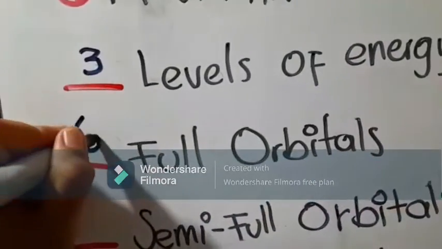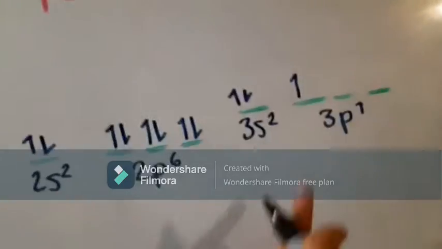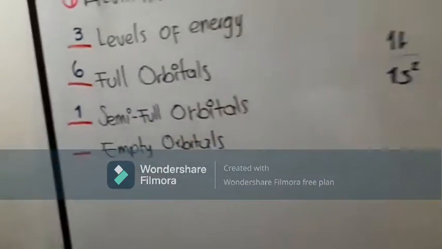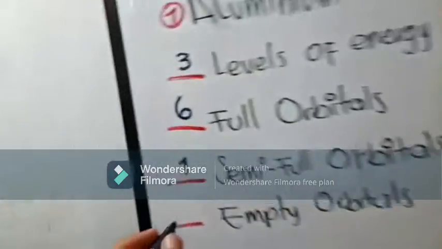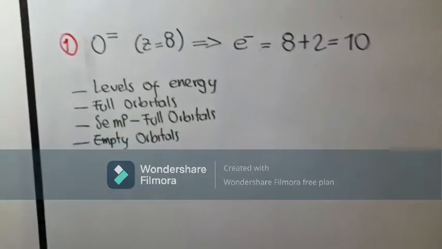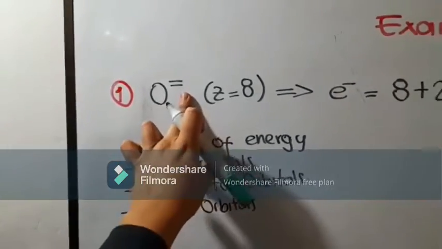Okay, now we talk about examples with ions. We present the oxygen ion with atomic number 8 and charge -2. This means that the oxygen is gaining 2 electrons.